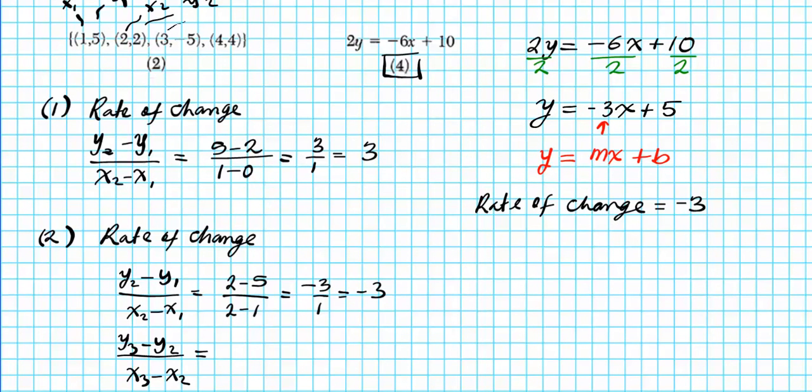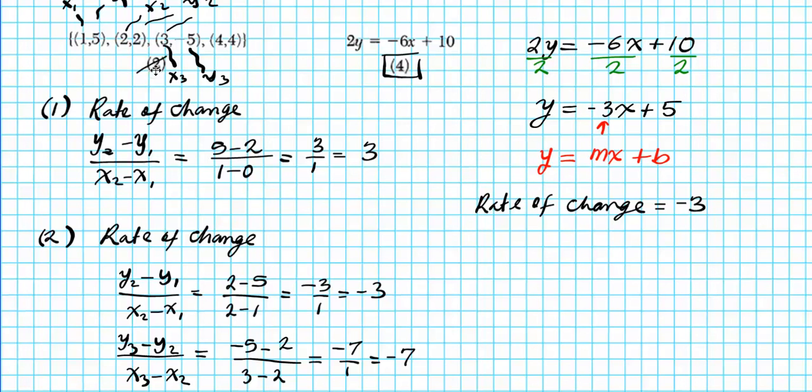So we're going to call this one x3 and this was y3. If we still get negative 3, we have to use the fourth point. All right, so y3 is negative 5 minus y2, which is 2, divided by x3, which is 3, minus x2, which is 2. Okay, when you carry out the calculations, you have negative 7 over 1, which is negative 7. All right, so we can clearly see option 2 is wrong.